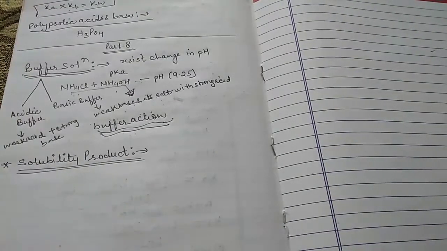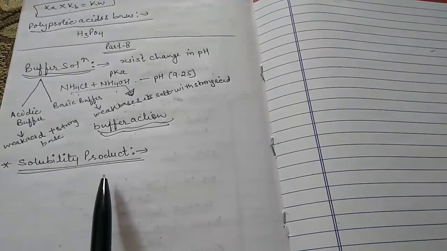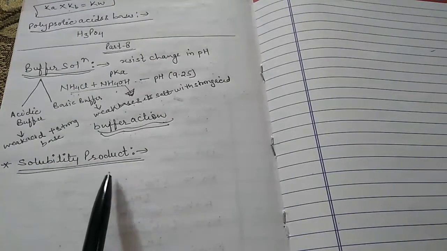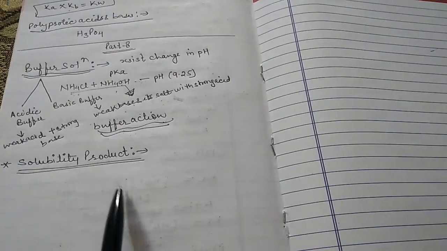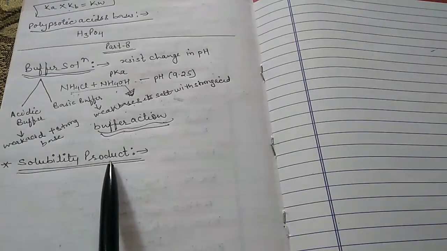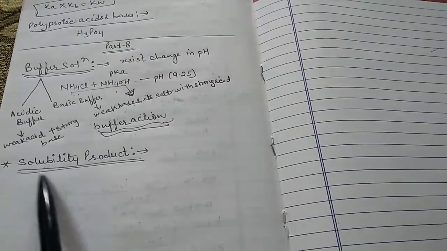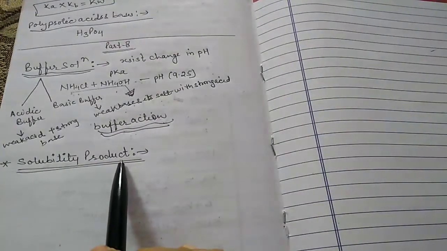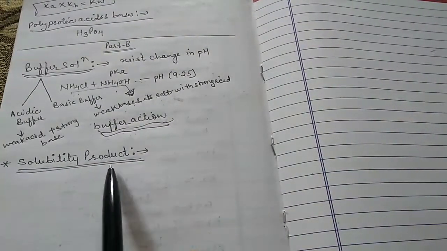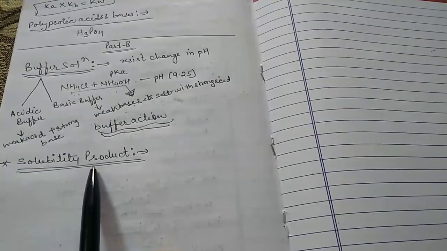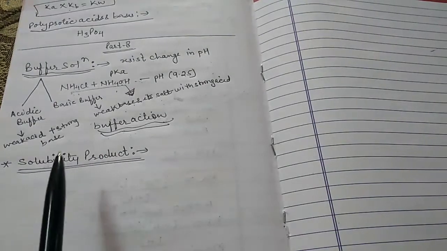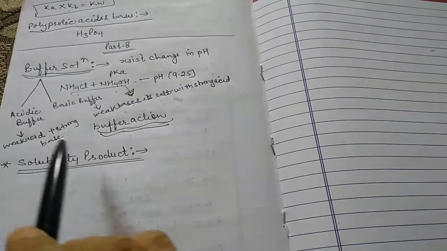On the other hand, there are some extreme examples which are slightly soluble in water, and they are sometimes regarded as slightly soluble or sometimes as insoluble in water. So there are some ionic solids which have solubility in between these extreme cases. Extreme cases means one which is highly soluble in water and another which is insoluble in water.